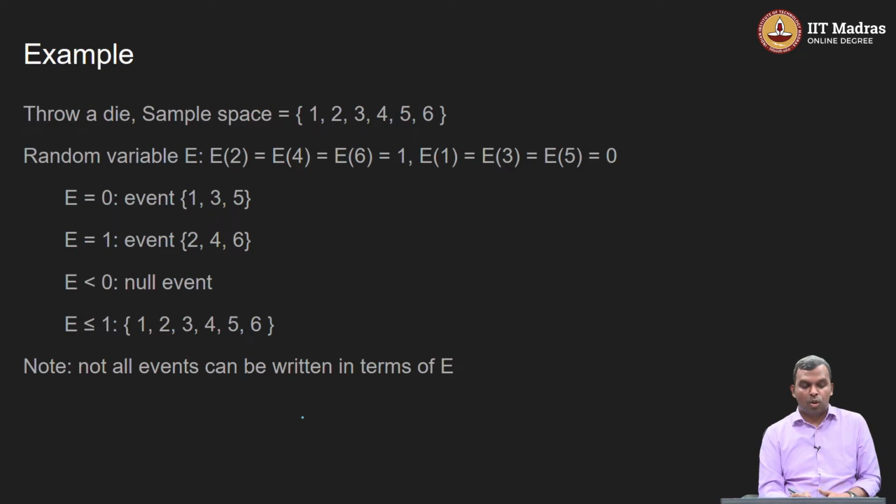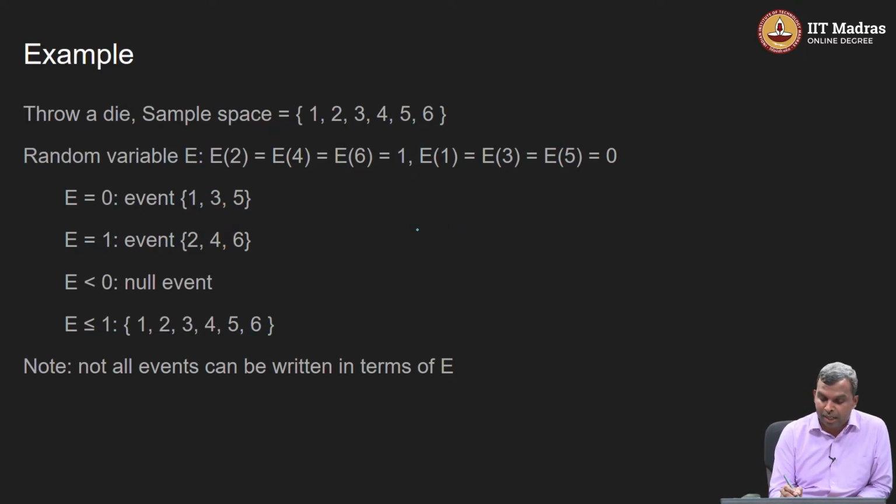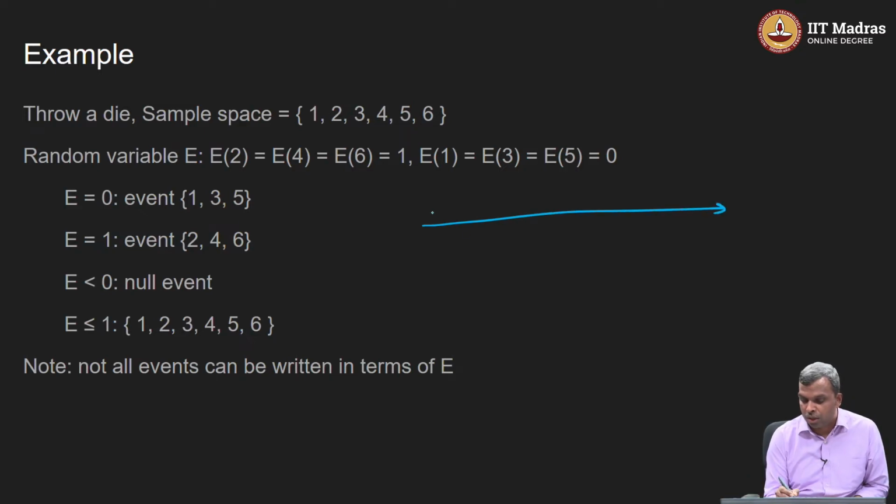Okay, here's a slightly different example where we've used this random variable E that we defined on the throwing of the die, right? 1, 2, 3, 4, 5, 6. I had this random variable E, which said for 2, 4, and 6, the random variable takes value 1, and for 1, 3, and 5, it takes value 0, isn't it? So if you want to picture the real line once again, it's good to picture random variables on the real line. It will give you some idea.